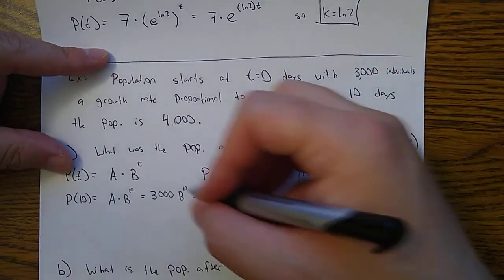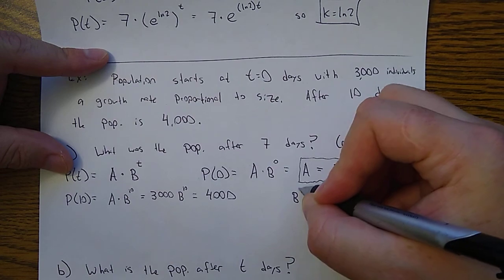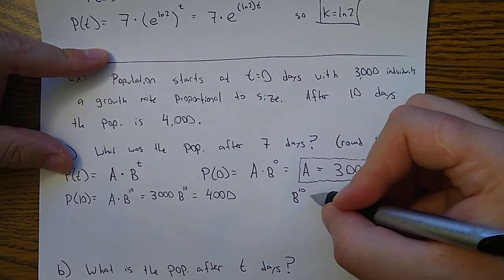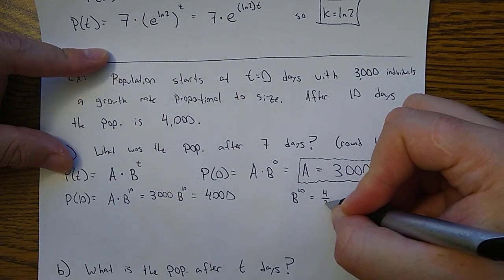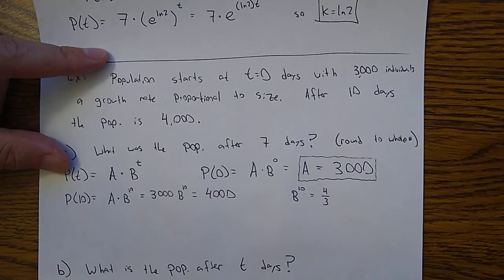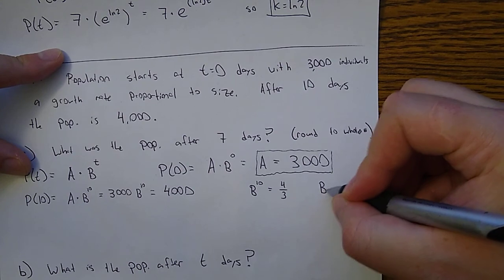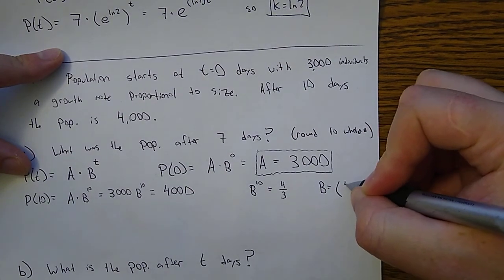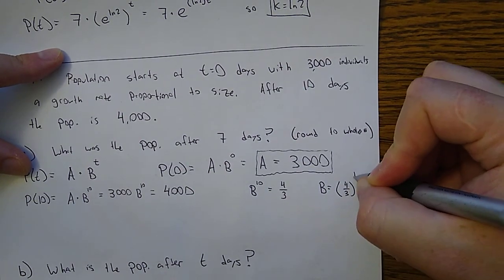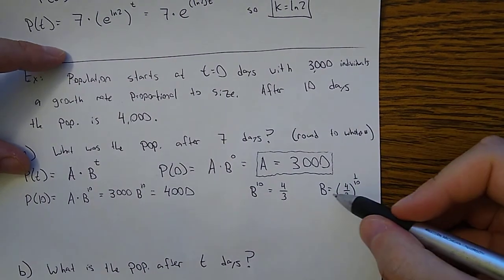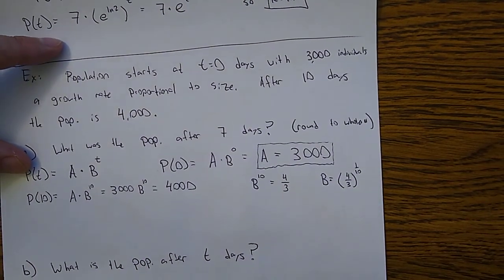Of course, b to the 10th, if I divide by 3,000, I will get 4/3. And then b would be 4/3 to the 1/10th power, or I could write it as the 10th root.